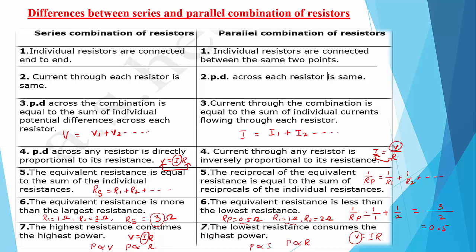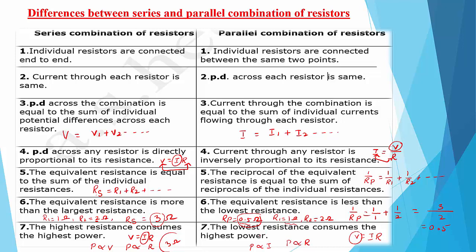You can observe one more difference in the last sentence. Here P is directly depending on R, and here also P is directly depending on resistance. In series, we considered the highest resistance, but in parallel combination, the lowest resistance consumes the highest power. Because you can observe the answer: R1 plus R2 gives 3 ohm, and 3 ohm is the highest resistance. In parallel combination, the final answer is lower, and that is the lowest resistance.